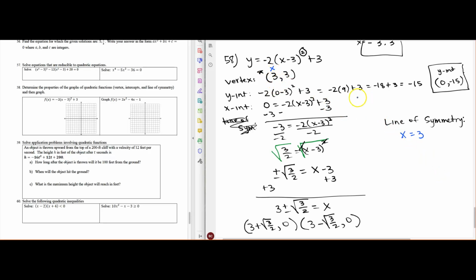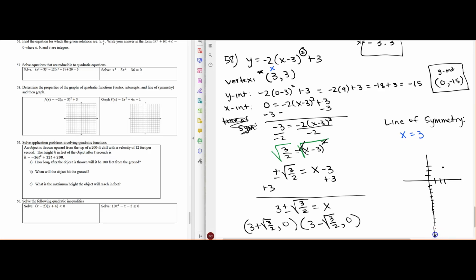Okay, and if we just graphed this really quick, maybe it'd be a little bit easier to see. Let me just try and graph at least this a little bit. So vertex is 3, 3. Here, and then since we know it's negative and we know it's going to be upside down, we know our y-intercept is at 8, 9, 10, 11, 12, 13, 14, 15.